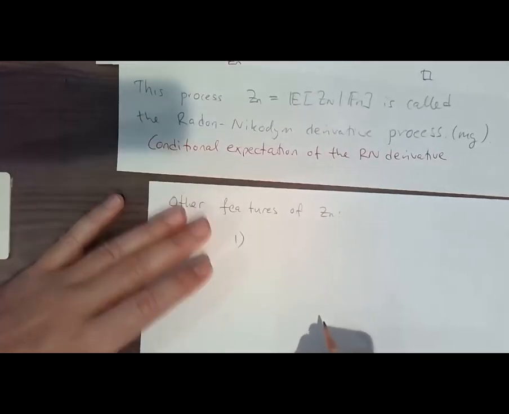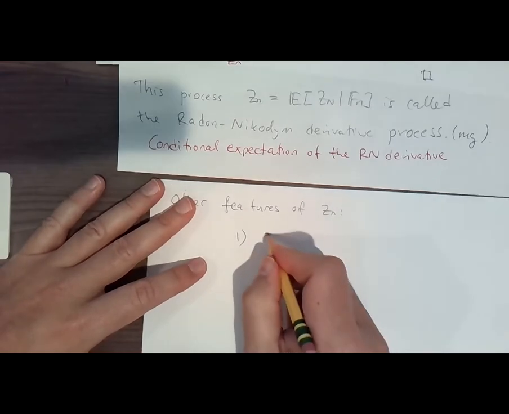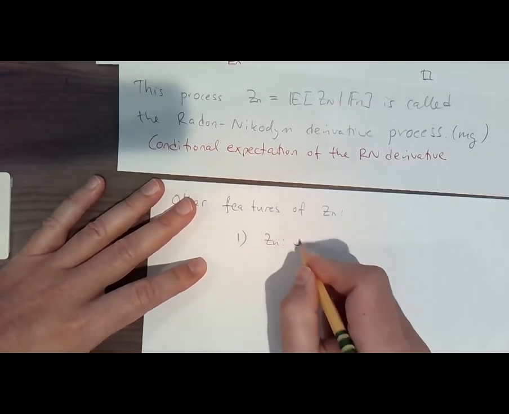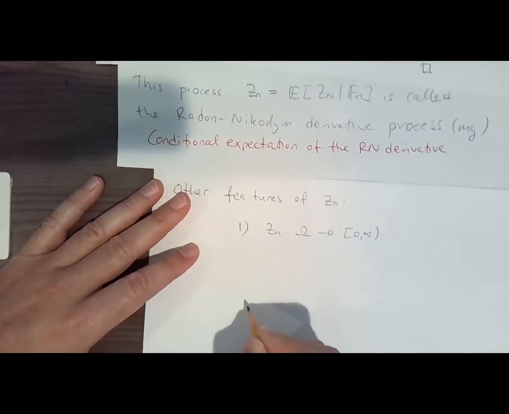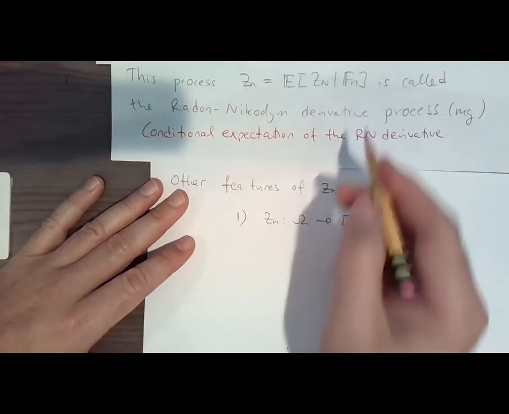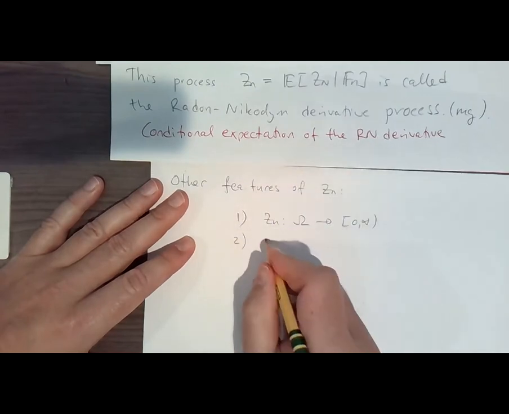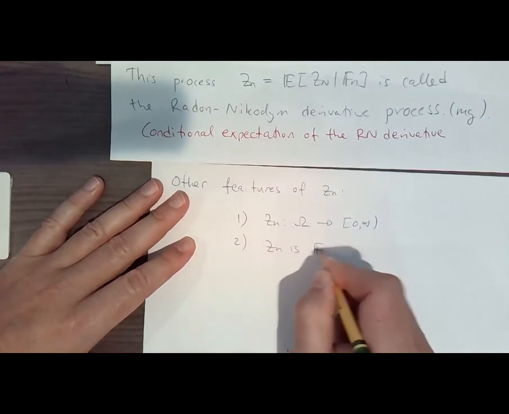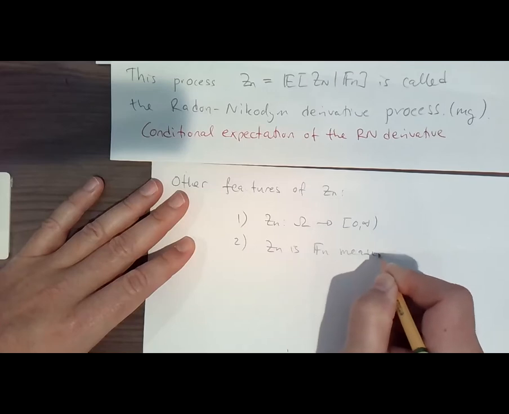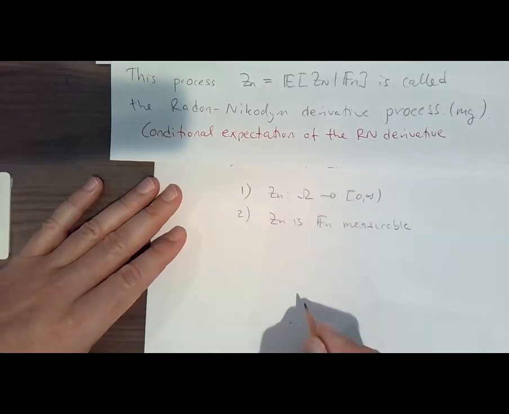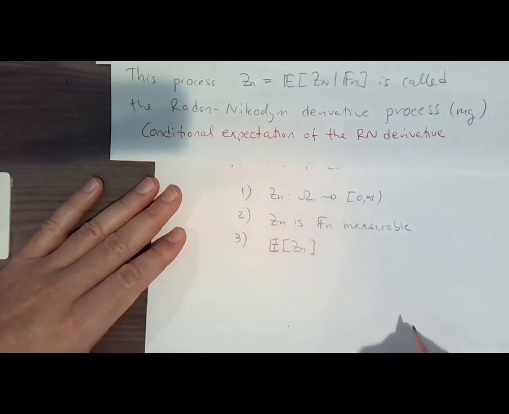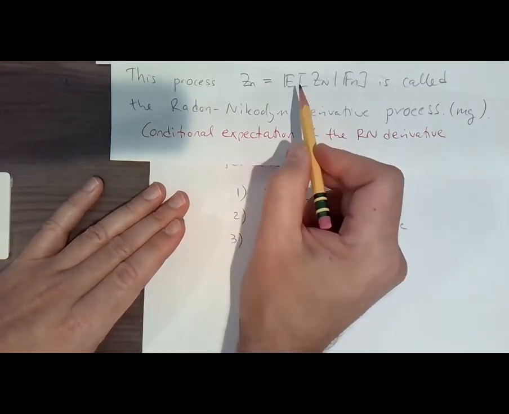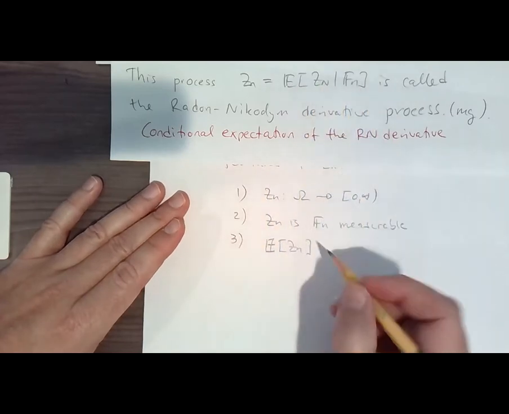Well, one, it goes from omega over into the positives. It's a conditional expectation, so it's going to be measurable with respect to Fn. Cn is Fn measurable. And the third one is if I compute the expectation of Zn, like I have to compute the expectation of this conditional expectation.